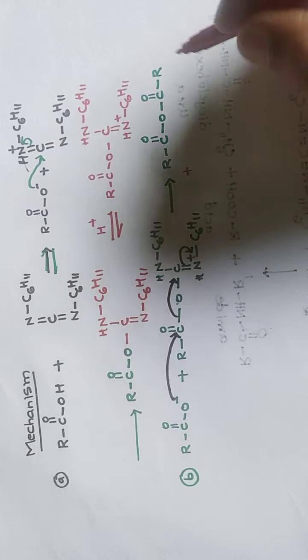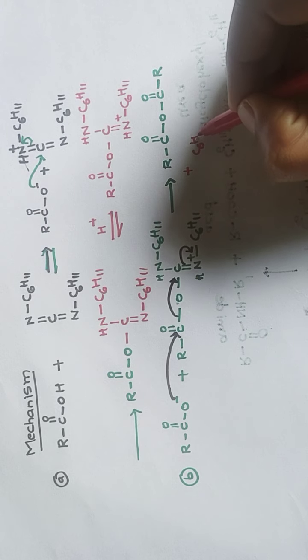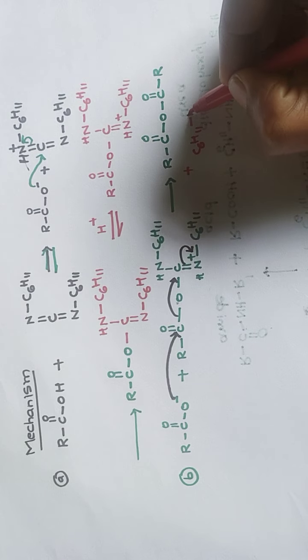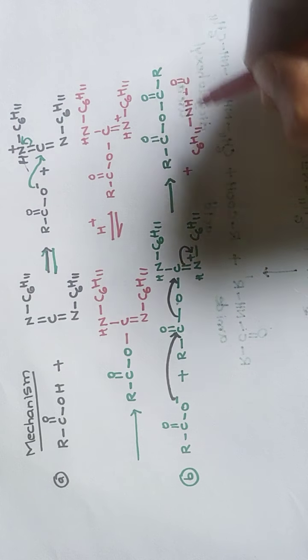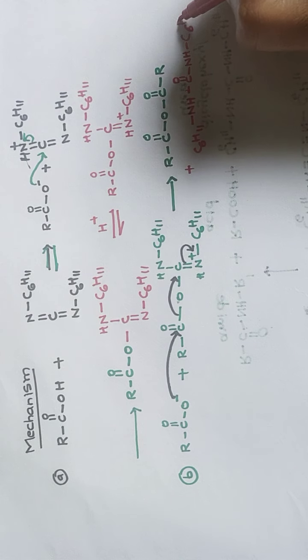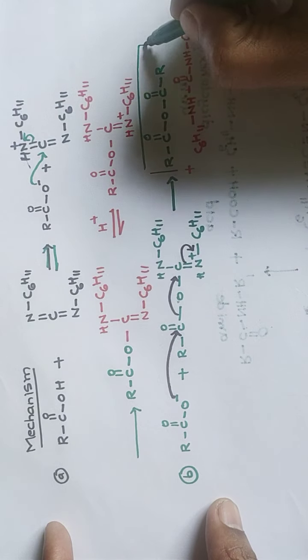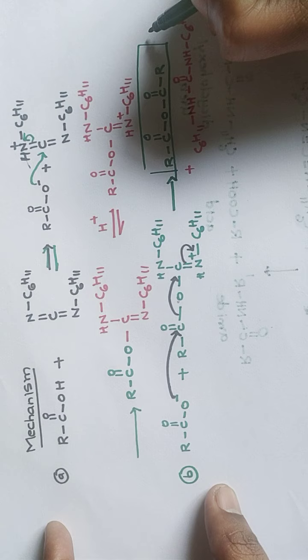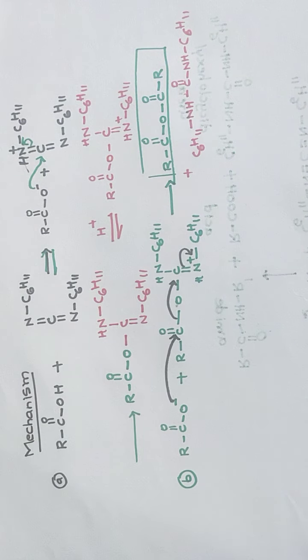This part, that is, we have C6H11 NH. So there is a C=O formed, and then NH C6H11. This is what is there. Are you getting this? So you are going to get this compound, and such compounds are called anhydrides. So an anhydride is formed here.